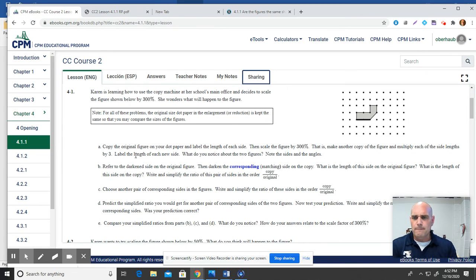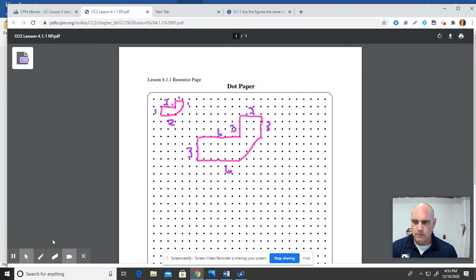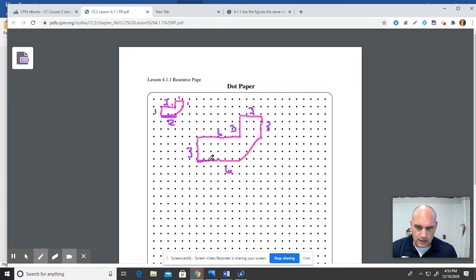So that's part A. Now, refer to the darkened side on the original figure. So that's this piece right down here. Then darken the corresponding side on the copy. If I darken that corresponding side on my copy, so this is the side they're talking about on the original, and now this is the side that corresponds to it.